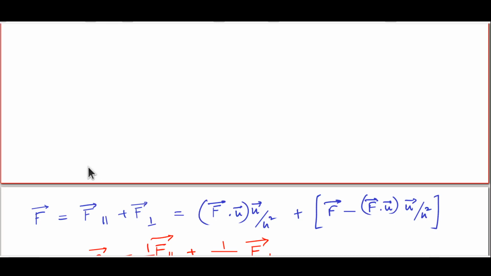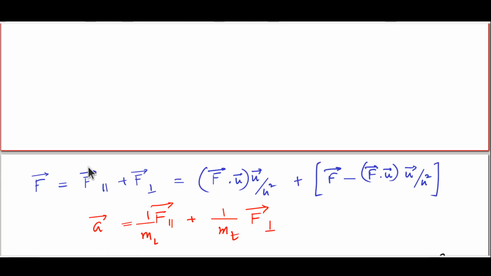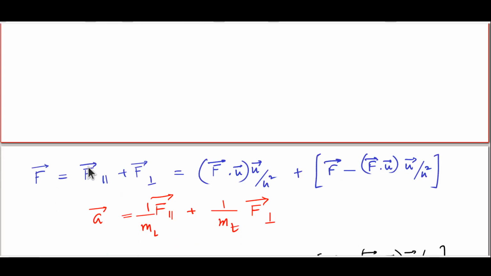And to that you have to add whatever you get when you take this away from the force. So that gives you the F perpendicular. So the first term on the right is your F parallel, the second term is F perpendicular, and the acceleration can be written down immediately because we know that for F parallel, the contribution to the acceleration will be F parallel divided by the longitudinal mass, m gamma cube, and F perpendicular will have to be divided by the transverse mass.